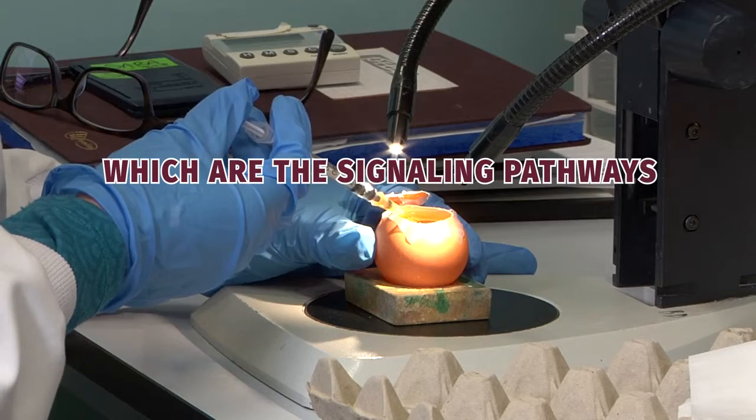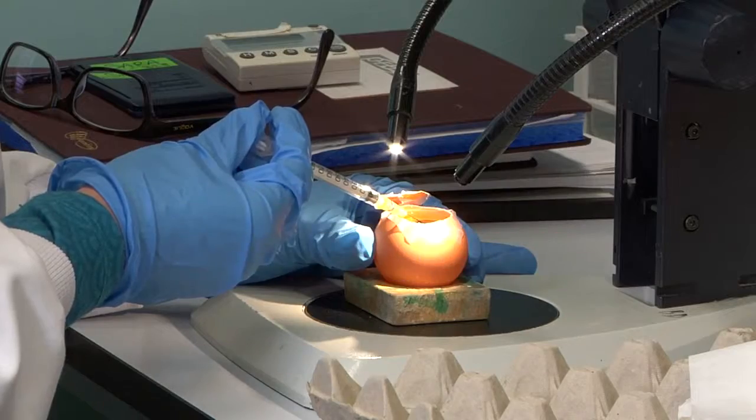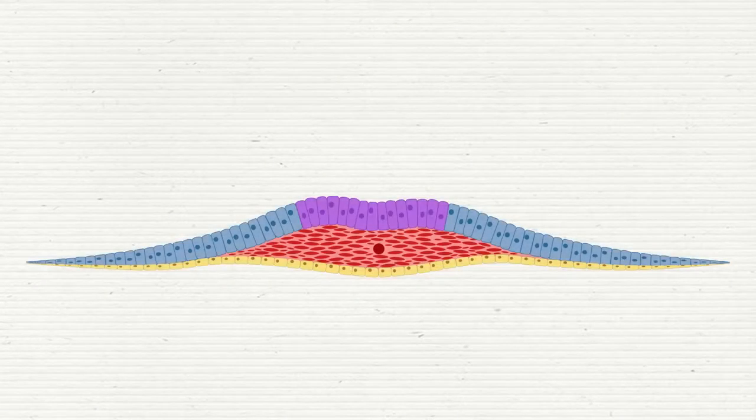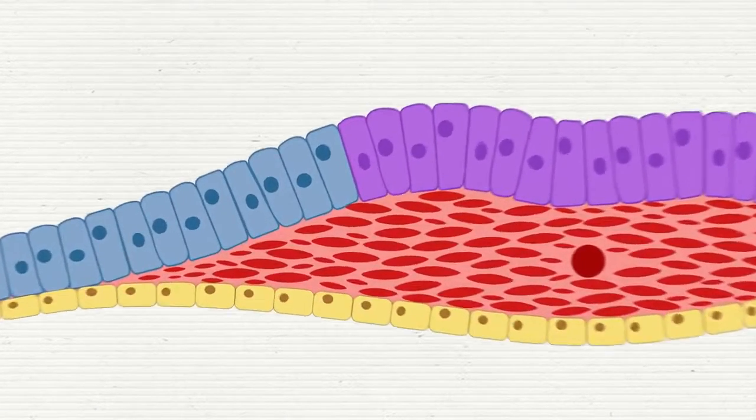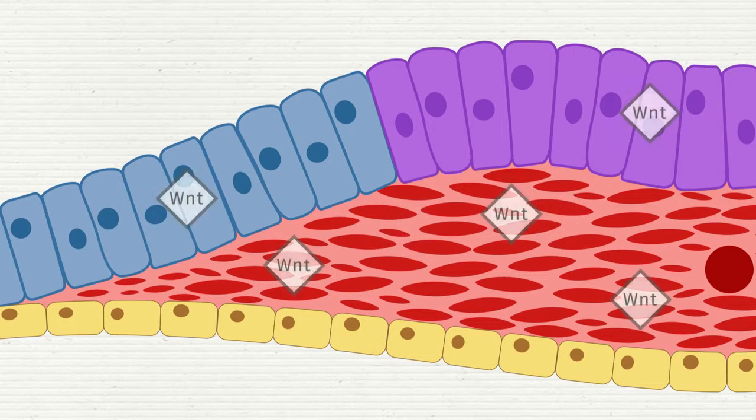Which are the signaling pathways involved in the formation of the neural crest? The neural crest is induced during gastrulation, and its early development can be explained in a two-step process. During gastrulation, an initial phase of FGF signaling from the ectoderm and mesoderm, Wnt signaling from the ectoderm and mesoderm, and low or negative BMP signaling from the ectoderm induces the neural plate border.